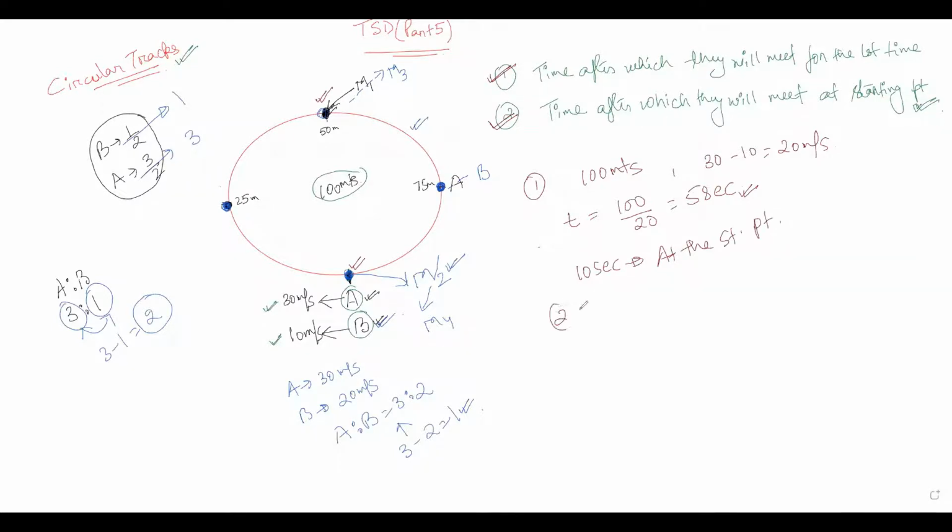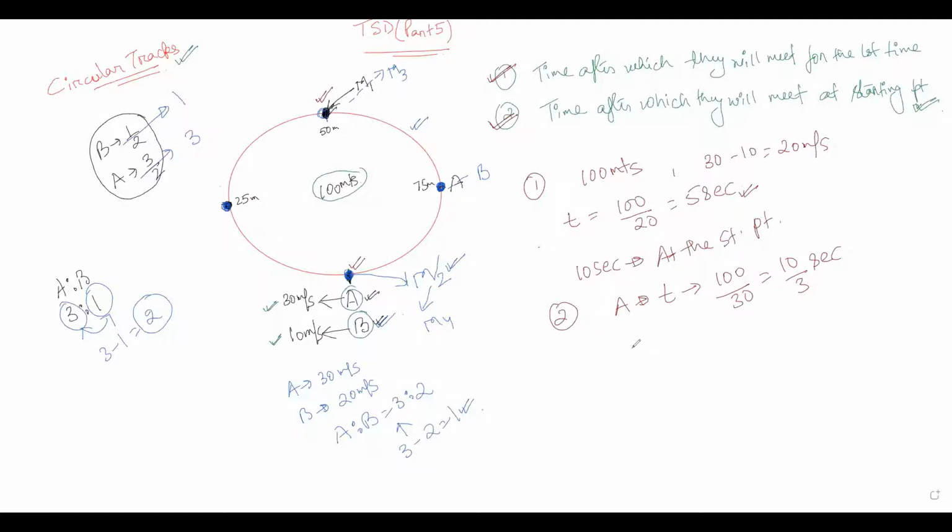There is one more way to calculate the time to meet at the starting point. Now, if we consider for A, the time taken by A to reach the starting point again would be simply distance upon speed, that is 100 upon 30. So that would be 10/3 seconds. So after every 10/3 seconds, A would be at the starting point.